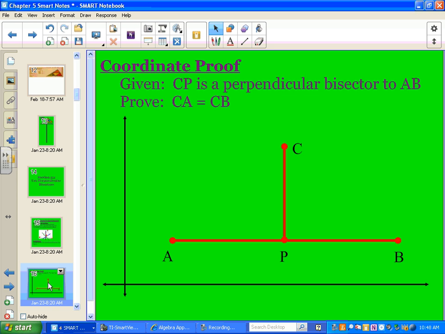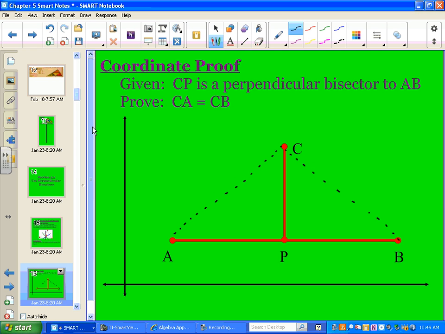Going to the next proof. It says coordinate. We're not going to do it as a coordinate proof. We're going to do a 2-column. So keep the picture. Just draw your 2 columns in there. Now, all of the markings that you have on your picture really shouldn't be there yet.